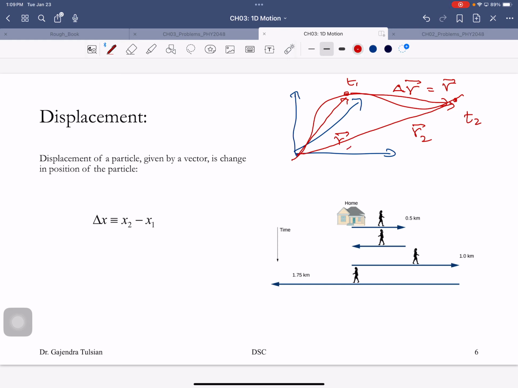We'll call this our initial time and final time: R final minus R initial. So the displacement vector is a vector pointing from your initial position to your final position. Okay?